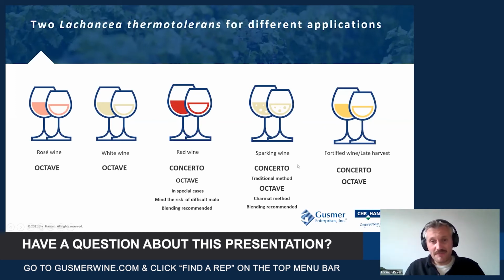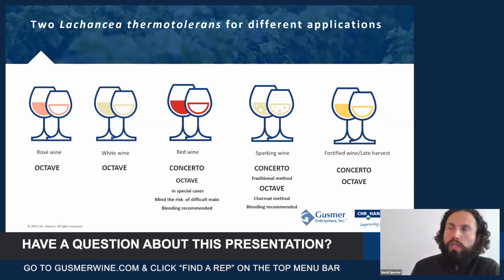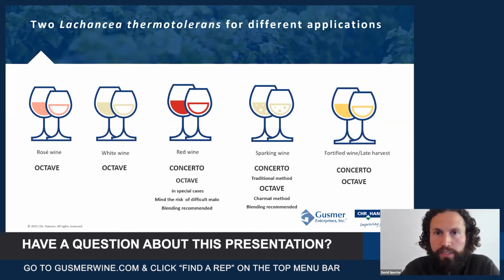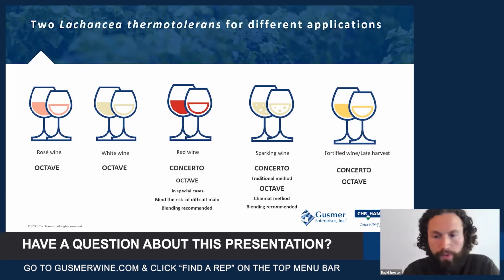And yeah, sorry. Lorenzo, with Christian Hansen having the widest range of non-saccharomyces yeast, for pure cultures and a number of blends, the Lechanso thermal tolerance, we often talk about how it can promote acidity, reducing pH, which might be quite good for warm climate regions.